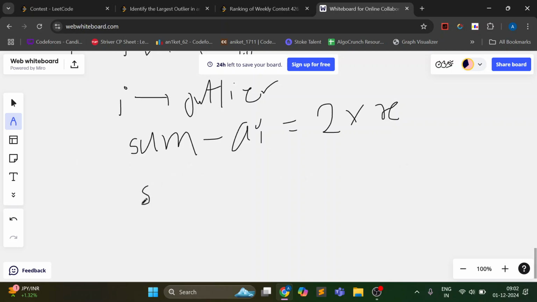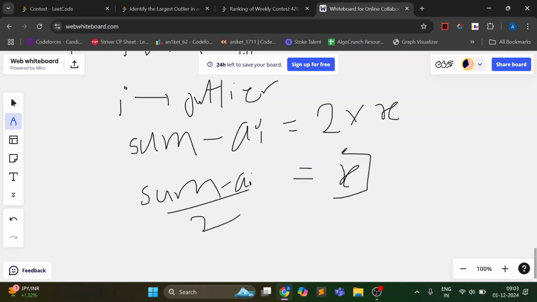So we find sum minus a of i divided by 2 as x, and we check if that x is present in the array except the outlier. There might be a chance that it is itself equal to the outlier, but in that case the number of elements which are equal to outlier must be greater than or equal to 2.